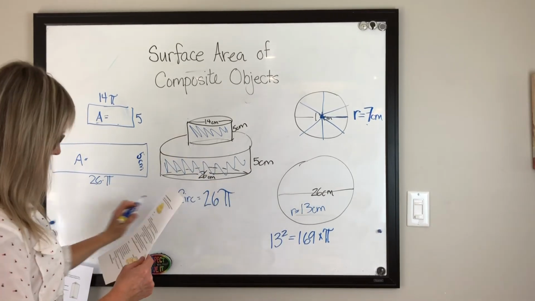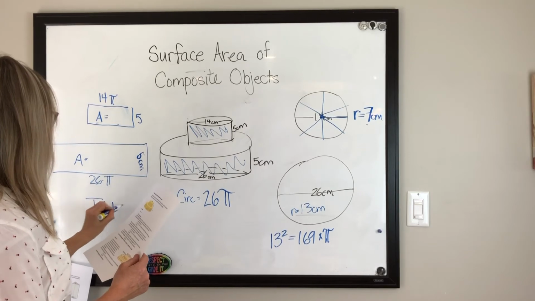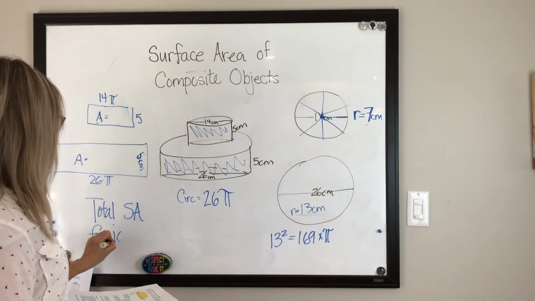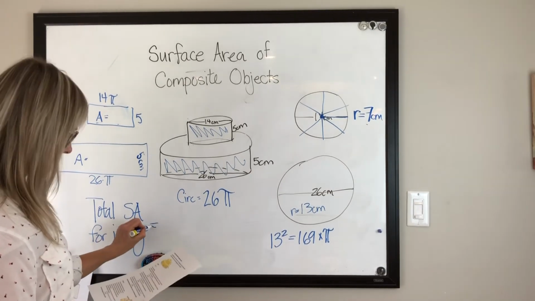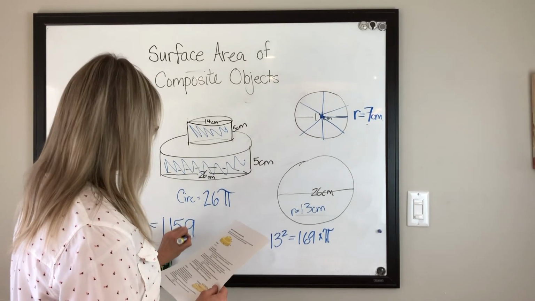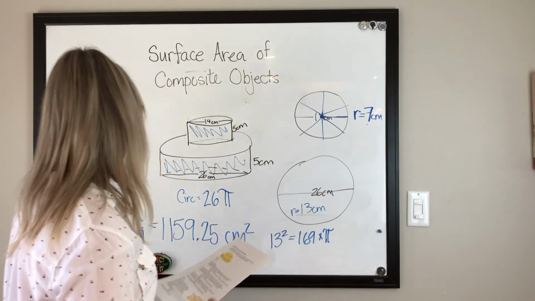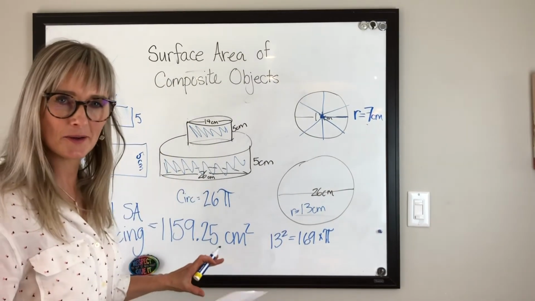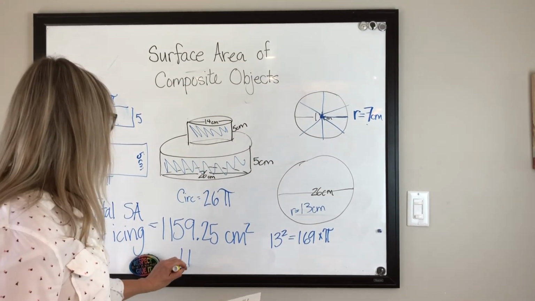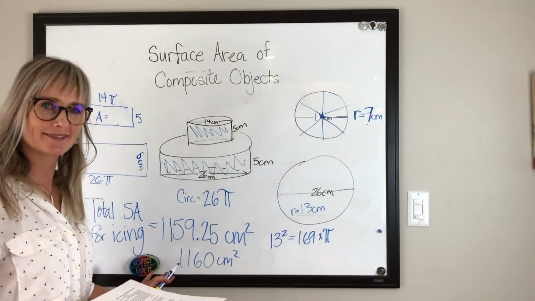Add them all up, and the total surface area for icing will be 1,159.25 centimeters squared. So if you were trying to price this out, or you're trying to make enough icing, you could say, well, I need about 1,160 centimeters squared, and I'll for sure have enough.